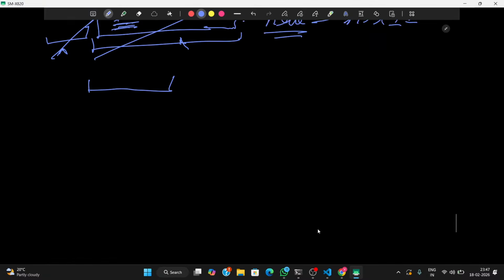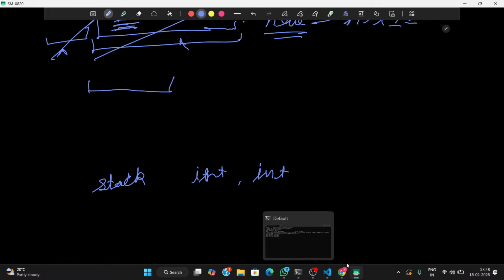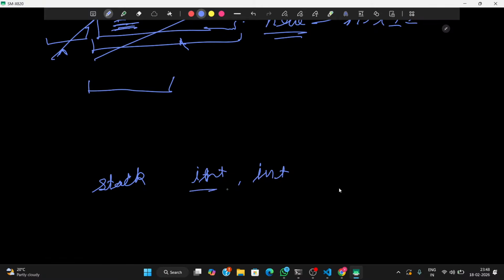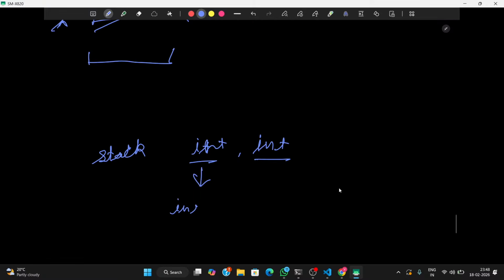We will basically store a stack or vector also. You can do this in both. We will simply store a stack of int comma int. What do these ints represent? This int comma int represents a segment.